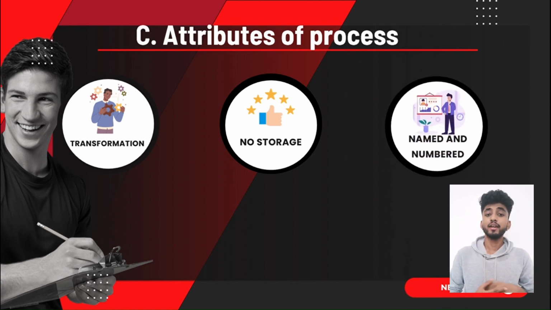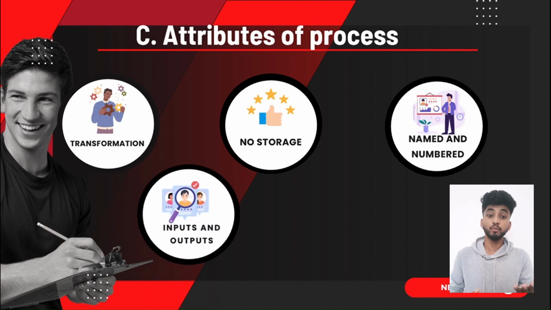Third is named and numbered. Each process is assigned a unique identifier or name. This helps in identifying and referencing processes within the diagram and the documentation. Fourth is inputs and outputs. Inputs are the data or information that a process receives, while outputs are the results or transformed data that a process produces.